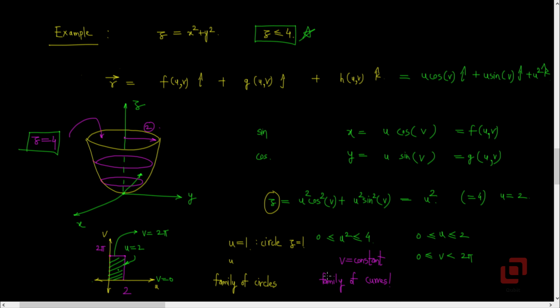So we have now got two families. The first family was obtained by keeping u as a constant and allowing v to vary. The second family was obtained by letting v be a constant and allowing u to take all its permissible values.